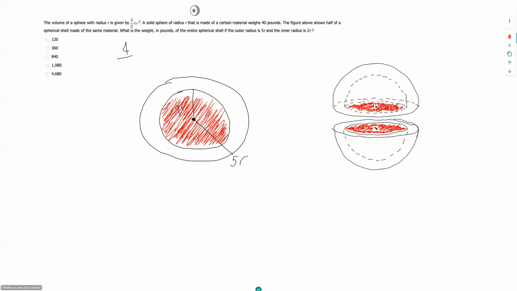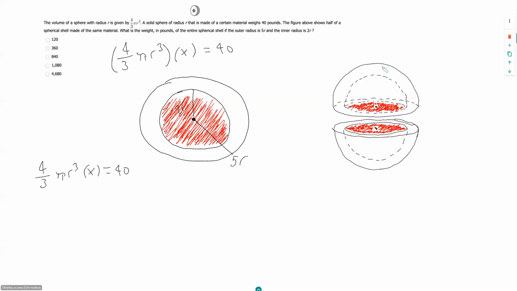So we know 4/3 times pi r cubed would be the volume, so it would be the volume times some constant. You can think of that constant as something like the density of our sphere. But let's just call it x. So 4/3 pi r cubed all times x is equal to 40 pounds.